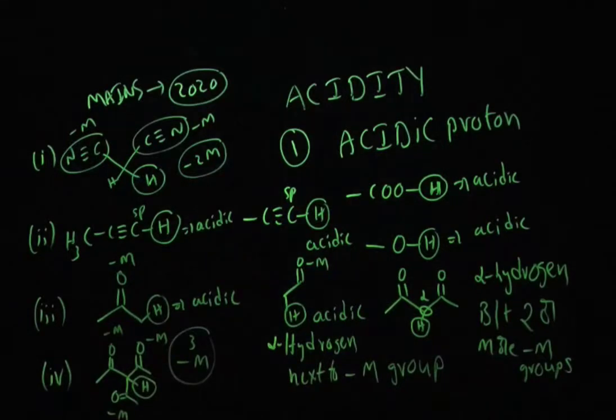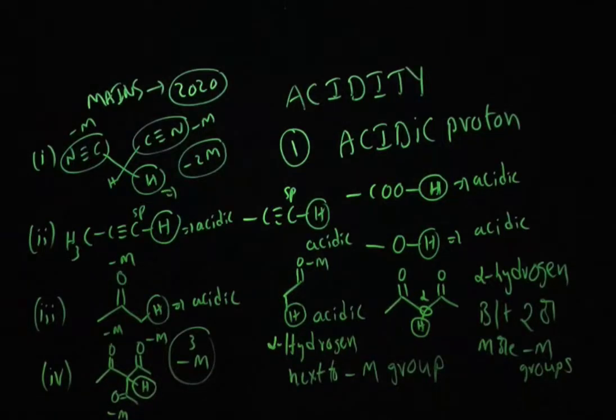According to the rule, first identify whether there is any COOH group or not. Clearly there is no COOH group. Then look for any OH group. Again, clearly there is no OH group. Now we move to the third one. Is there any alpha hydrogen between two or more minus M groups? In option 1, the alpha hydrogen is between 2 minus M groups.